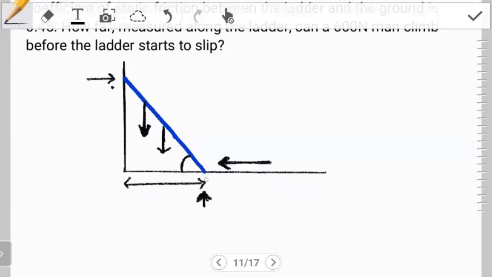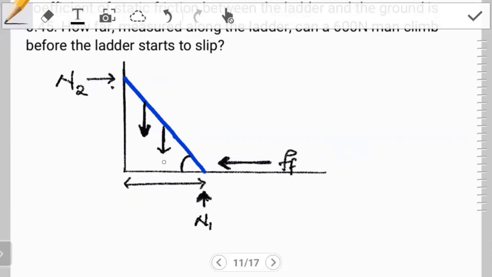I'm going to use the normal force that is exerted on the ladder by the ground and label it N1. This other force acting on the ladder from the ground has to be a frictional force, so I'm going to label it FF. And this other force here, exerted by the wall onto the ladder, pushing it outward, has to be a normal exerted by the wall. So I'm going to label it as my second normal, N2, since I already have my first.